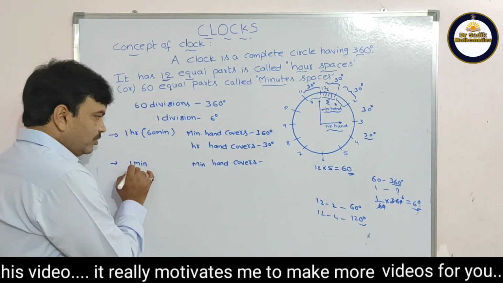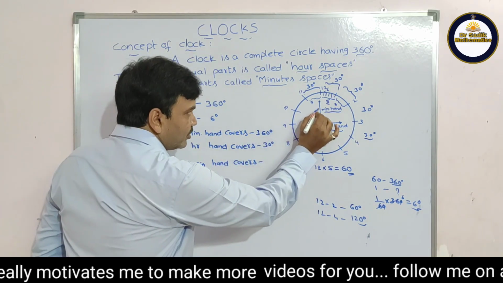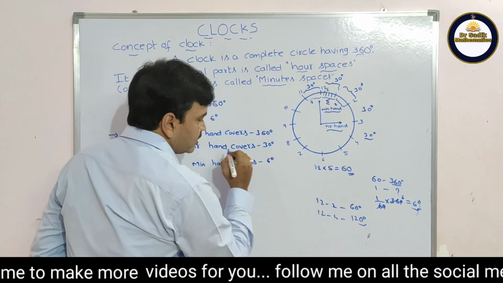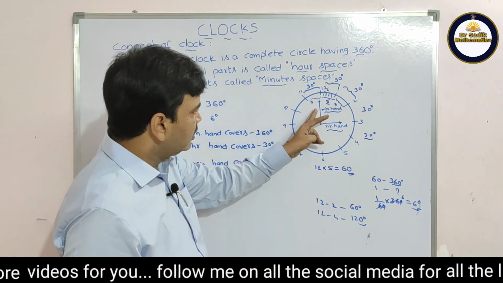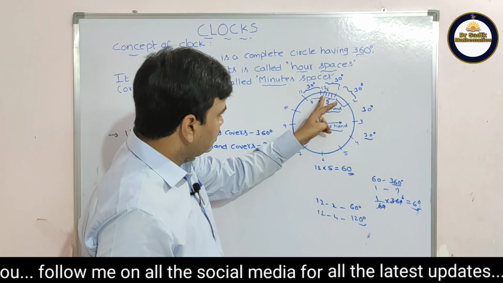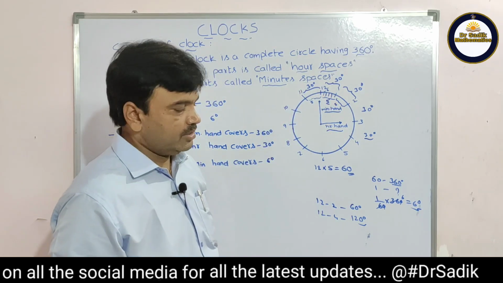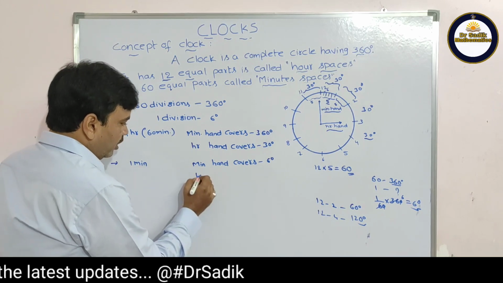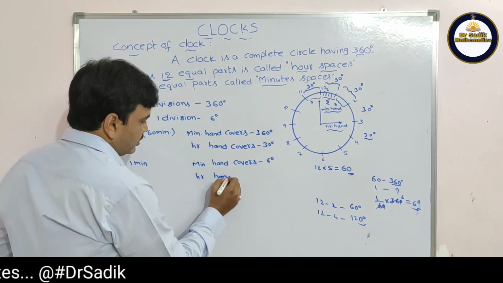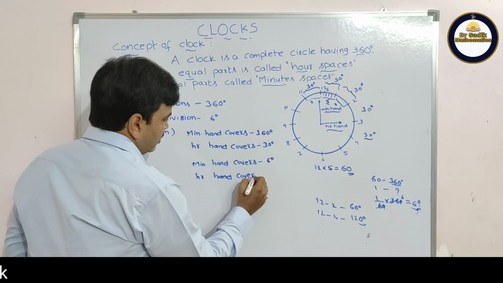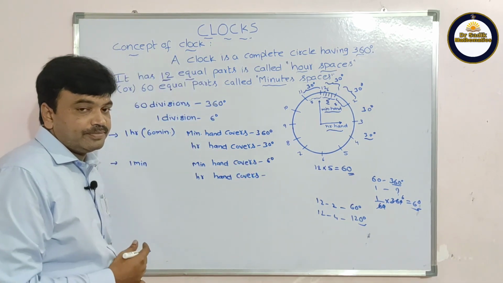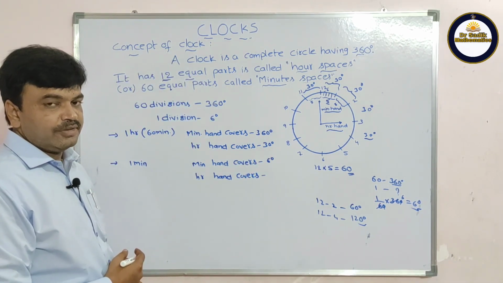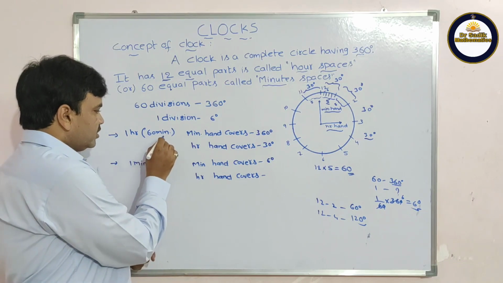So in 1 minute the minute hand covers 6 degrees, reaching the first part. Now in 1 minute, how many degrees does the hour hand cover? See here, 60 minutes.